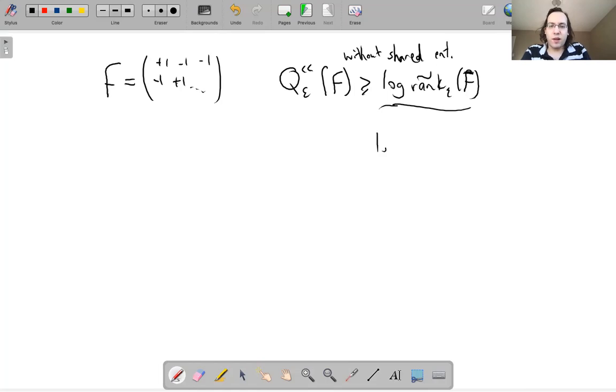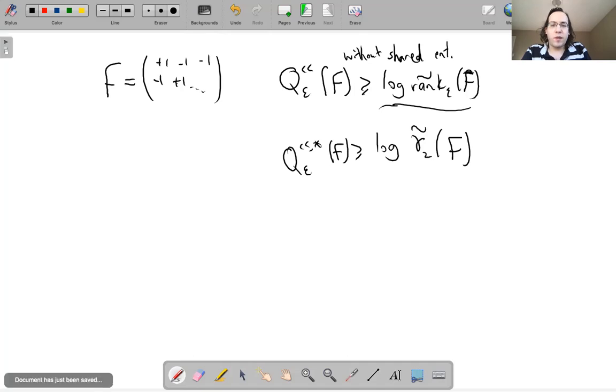So here instead we'll have a log of approximate gamma 2 norm of F. So gamma 2 norm instead of rank. And then it will turn out that this lower bounds the quantum communication even with shared entanglement. So I put the star here to denote that with shared entanglement.